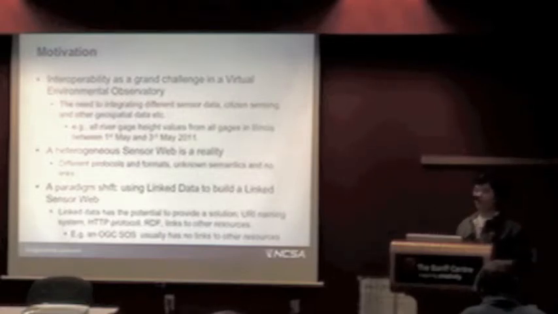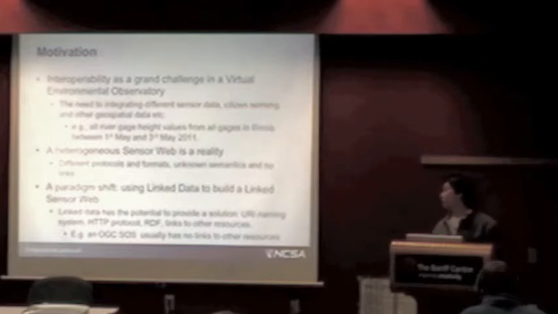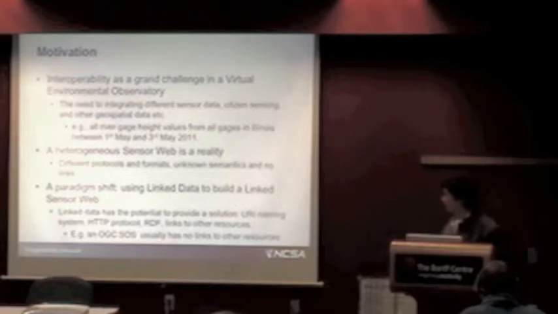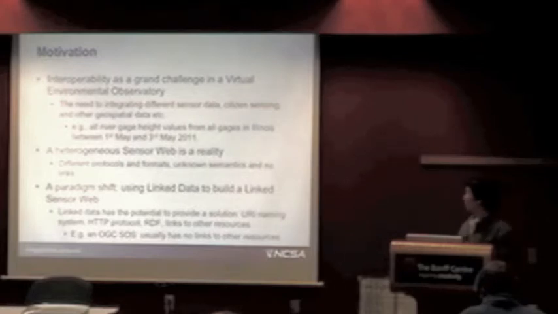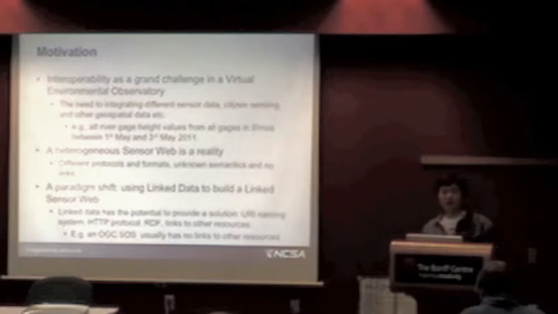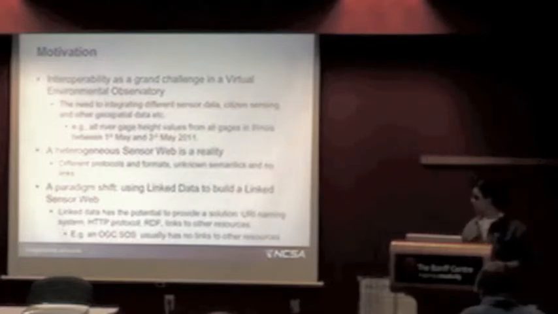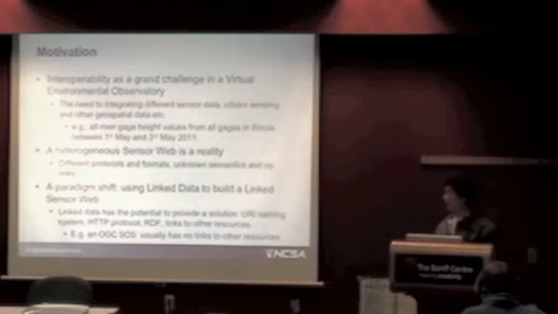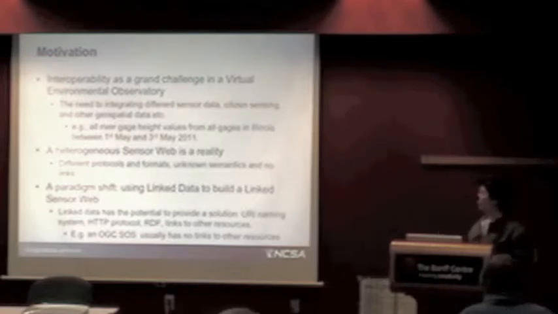So we think linked data might be the potential solution for this kind of problem because of these principles, which are URI naming system, HTTP protocol, and RDF. All of these can solve both the syntactic and the semantic issues. And also, it emphasizes making links. So the final goal is that we want to build up a linked sensor web.